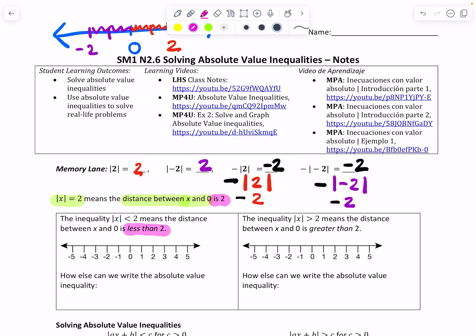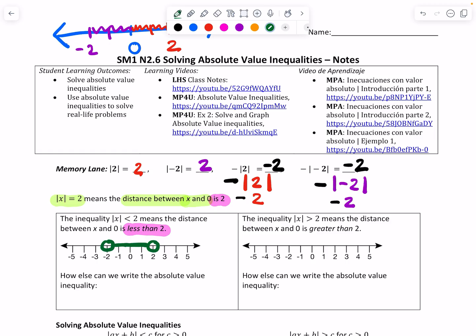So to graph this, what you would do is circle 2 and circle negative 2. The distance between x and 0, on the left side, that distance would be up to 2. And on the right side, that distance would also be up to 2.